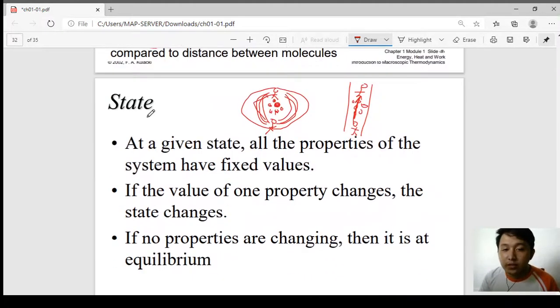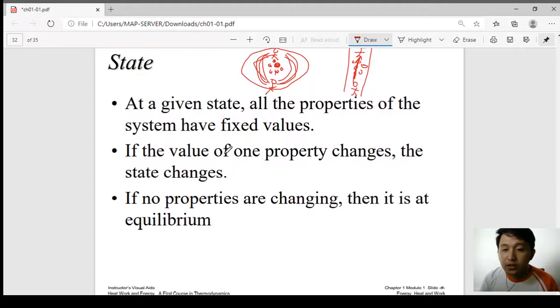So we have the state. At a given state, all the properties of the system have fixed values. State is a condition of a system at a specific time.